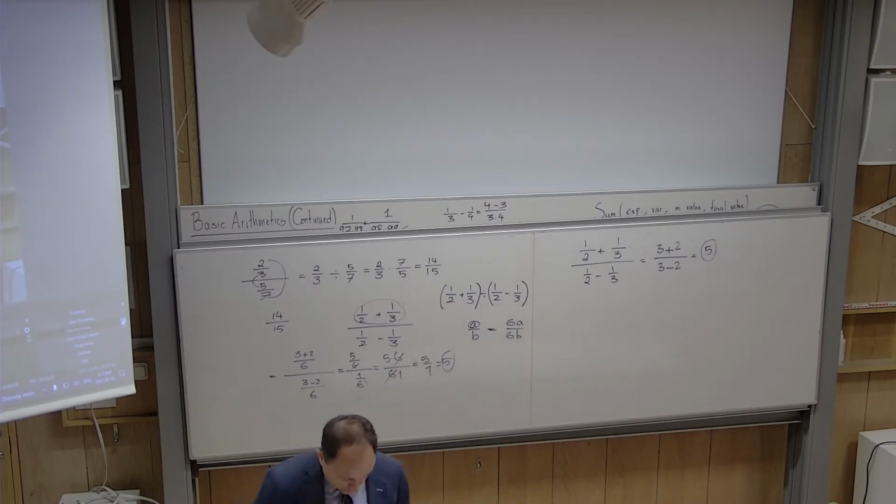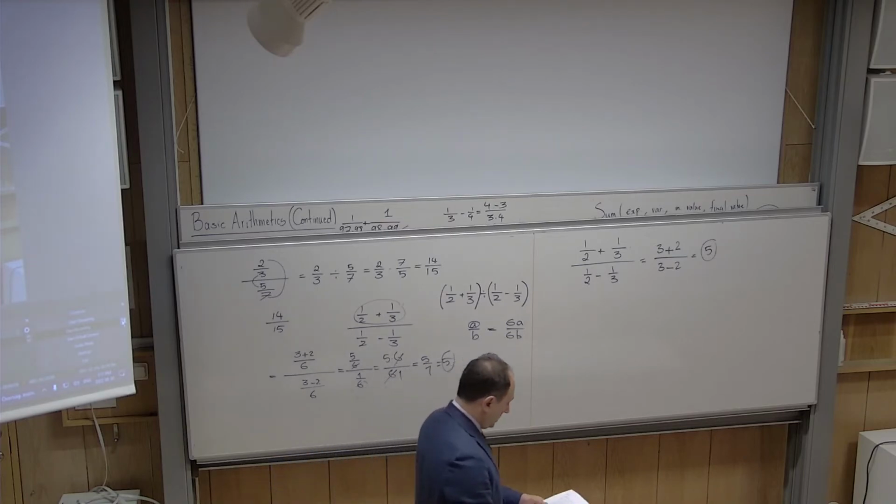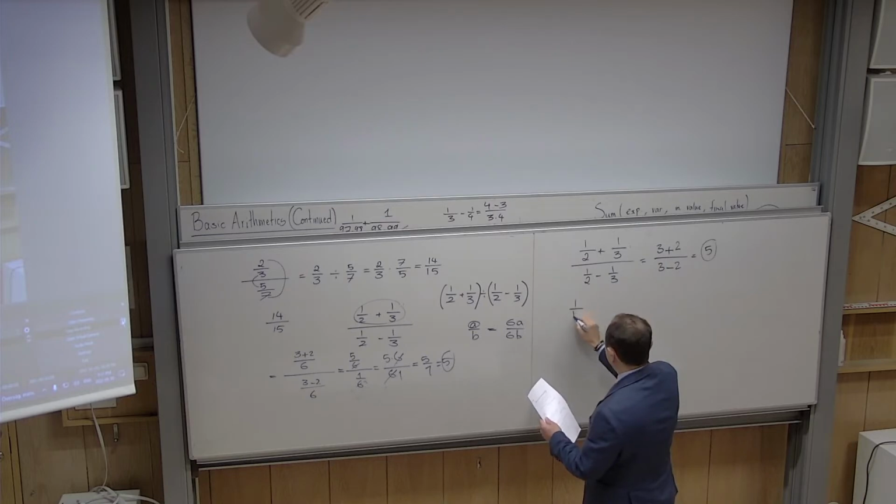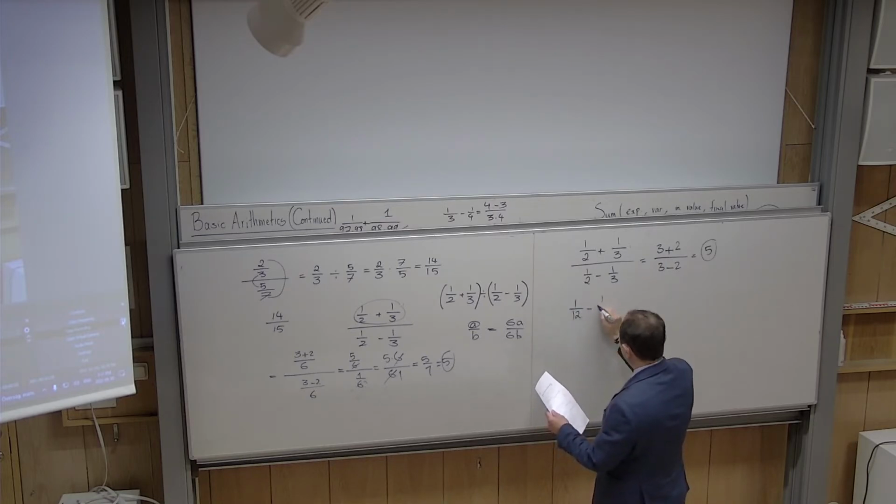And if you want to appreciate the difference between these methods, let me give you a little bit non-trivial example. That was very simple. But for example, let me ask you to calculate this. I'm not saying this is easy. You need to spend a little bit of time, but let us see which method is better.